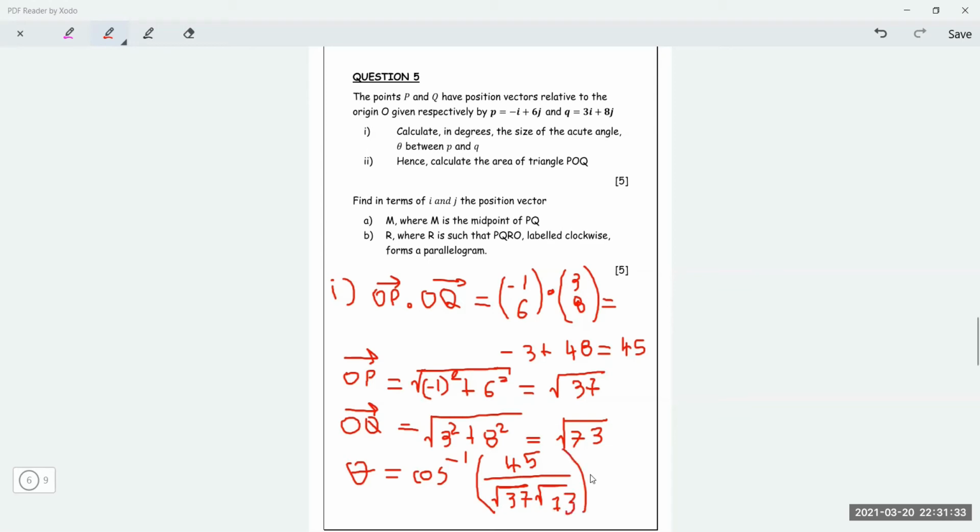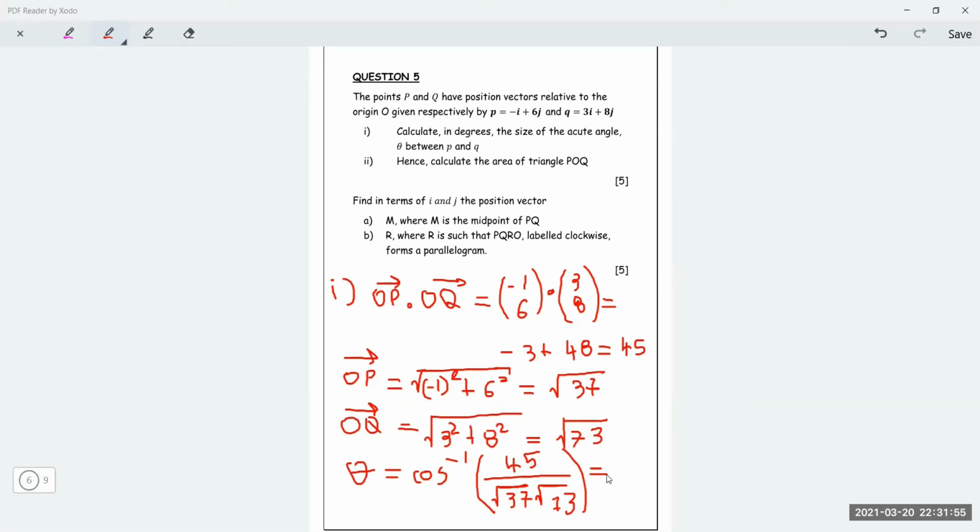You put that in your calculator: square root 37 times square root 73, and I have 45 divided by that. Then I want to take cosine inverse of that. I'm getting 30 degrees.